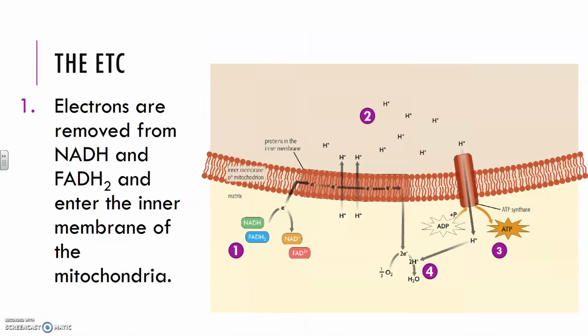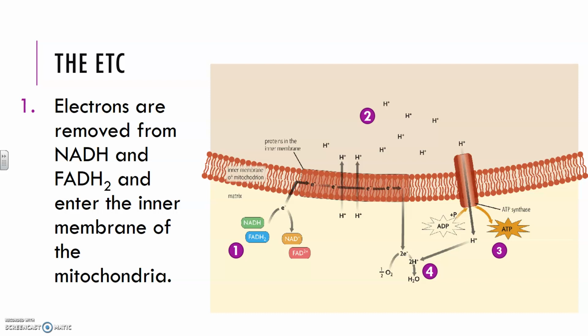Alright, so step one. First up, you have to remove the electrons from the NADH and the FADH2s. Okay, so these electrons are going to kind of hop off and then enter into the inner membrane of the mitochondria. Okay, that's going to release NAD plus and FAD2 plus. Okay, so remember that one's a little bit weird.